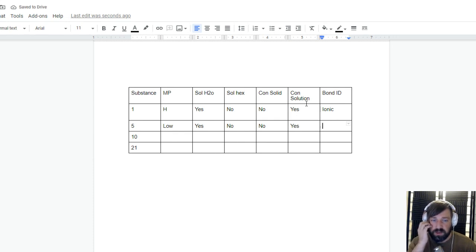So you have this type of thing. What does this look like? Well, it has a low melting point, dissolves in water, so on and so forth. Okay, this is going to be a polar bond. You just keep going with that. So this is going to be the last thing you do. This is that summary table which summarizes everything.